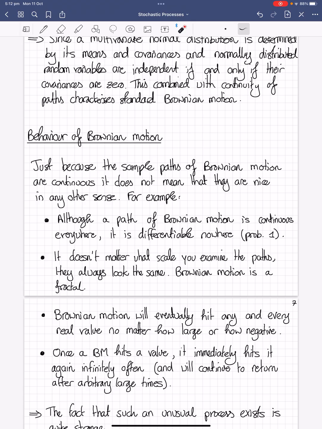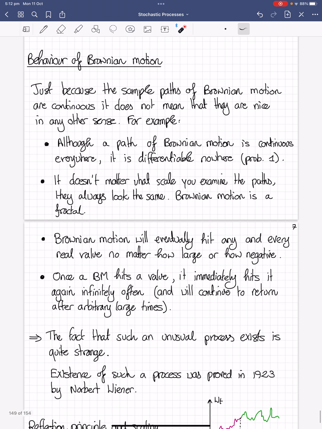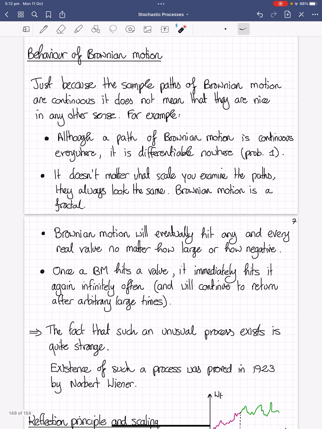Now, that in itself is kind of interesting, but the really weird property is that once a Brownian motion hits a value, it's going to hit that value again immediately and infinitely often.